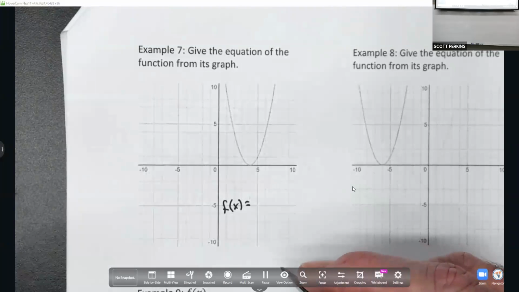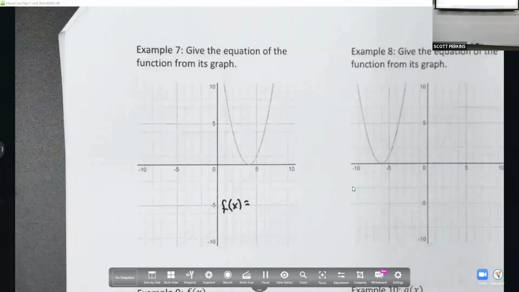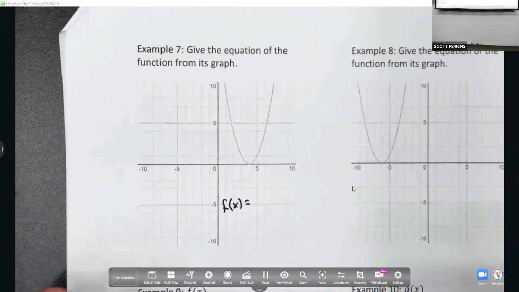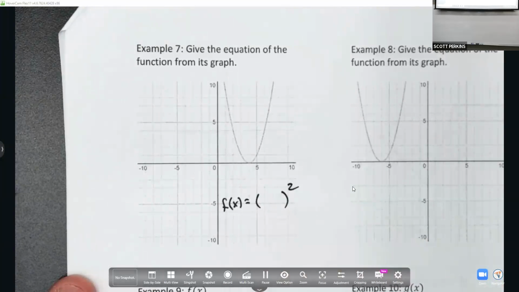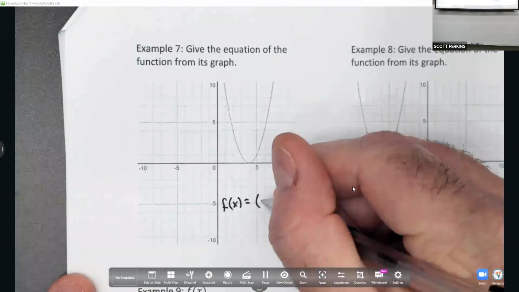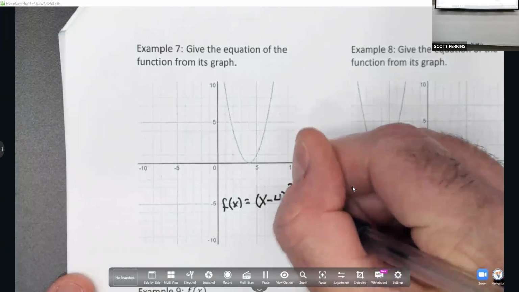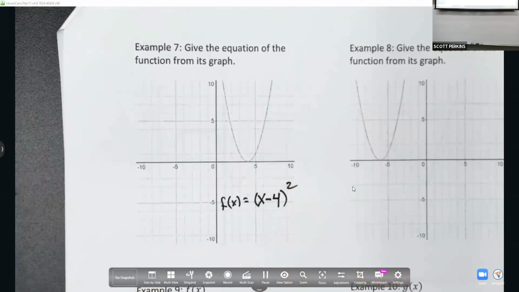I'm not expecting anybody to have seen or to know this. We're learning today. Remember, the 4 is going to now be attached to the x, so I need some parentheses. And when I go to the right, 4 units, that's the positive direction, so that is x minus 4. Remember, it's the exact opposite of what you think. We've moved it in the positive direction, so it's x minus 4.